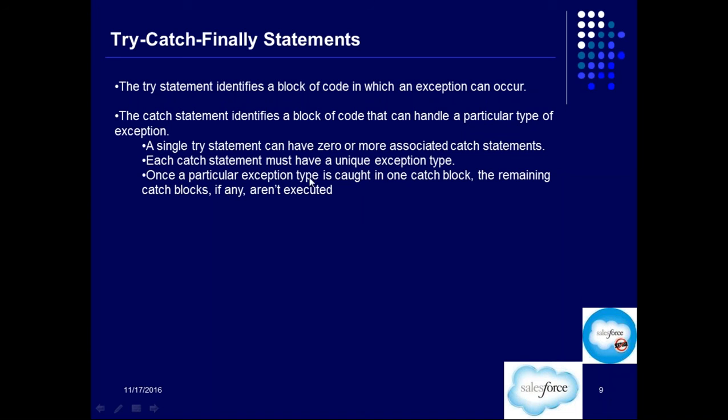Once a particular exception type is caught in one catch block, the remaining catch blocks, if any, aren't executed. So I can write multiple catch blocks for one try block, and each catch block is going to catch one specific type of exception. Let's say there is one try statement and there are 3 catch statements that I've written.